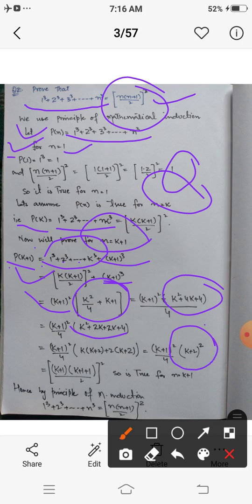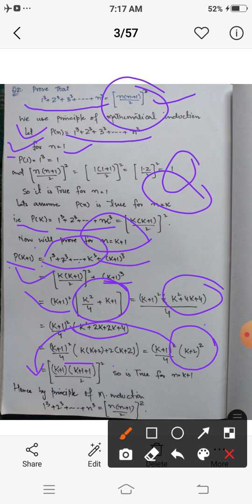Now here we have k plus 1 whole square, k plus 2 whole square upon 4, which can be written as 2 square. So this means that this statement is simply k plus 1 into k plus 2, which can be written as k plus 1 upon 2 whole square.